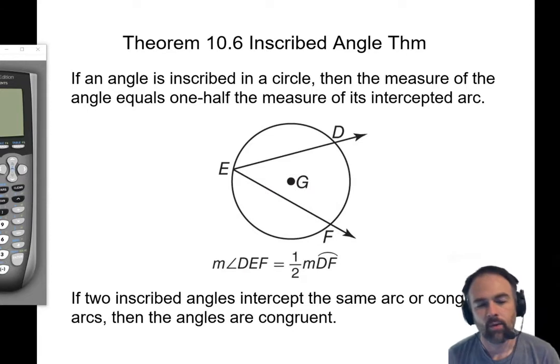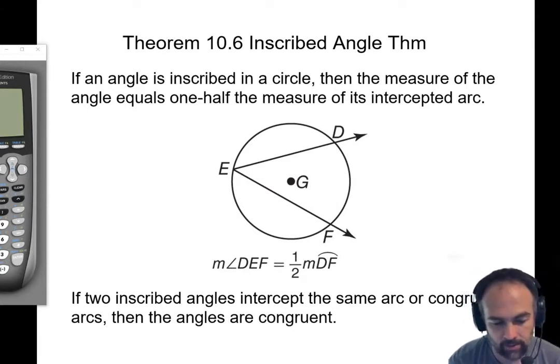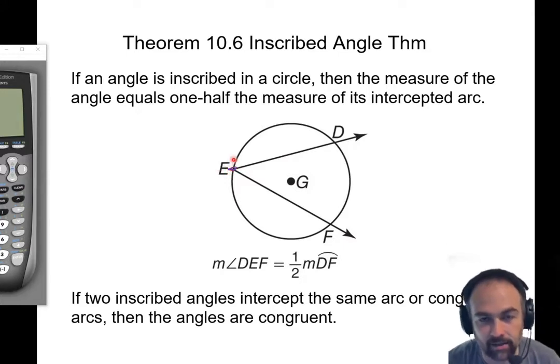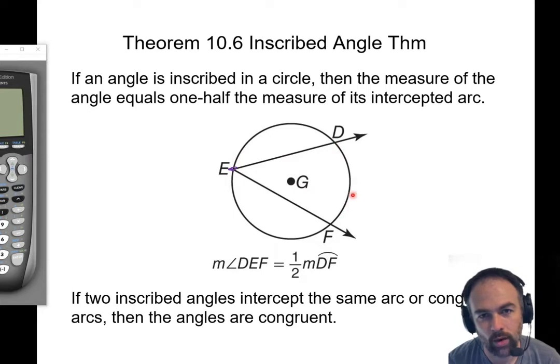So, when an angle is inscribed in a circle, so here we got angle E is inscribed inside the circle, then the measure of the inscribed angle equals exactly 1/2 of the intercepted arc. So here angle E is going to be exactly 1/2 of arc DF.